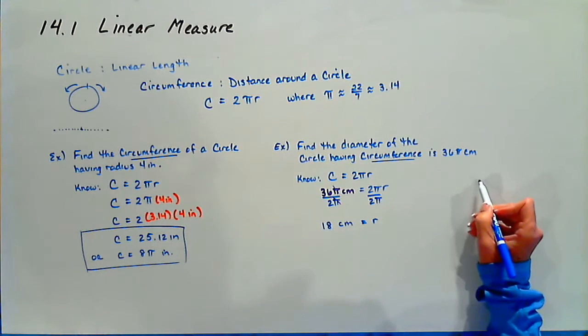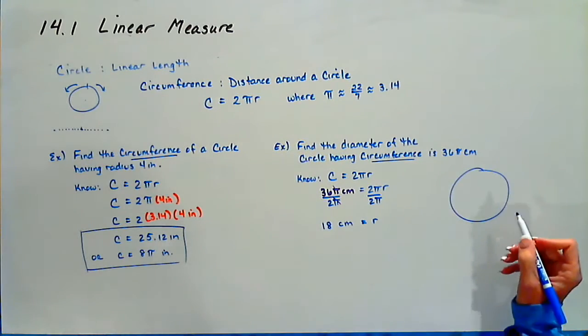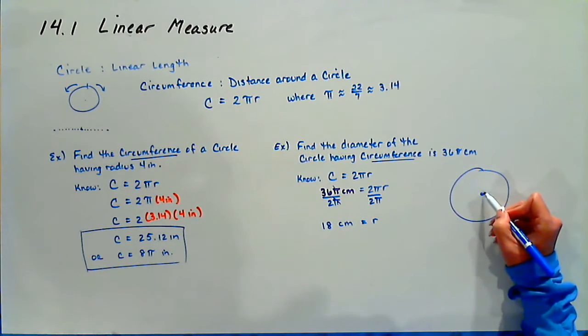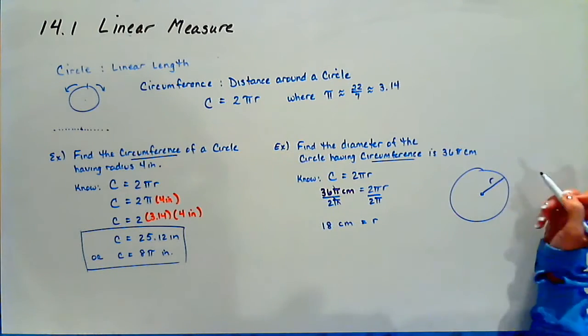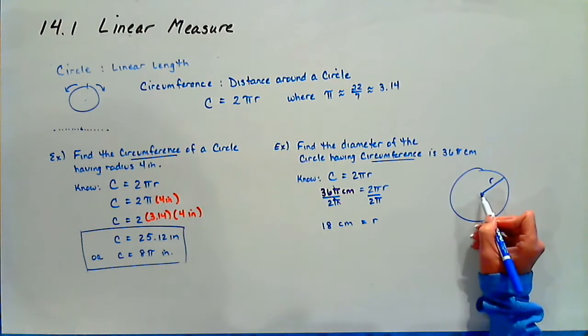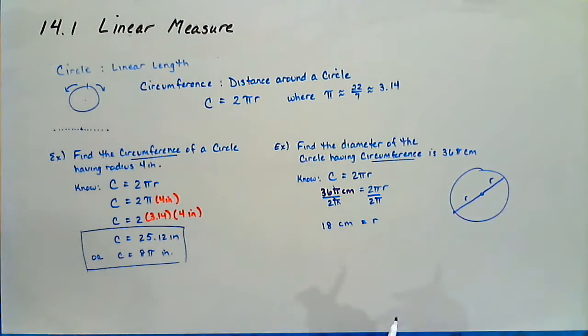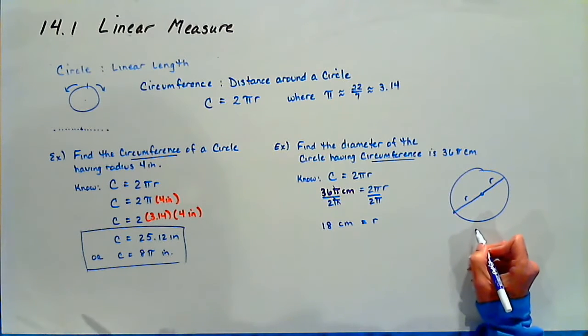But to refresh your memory, if you have a circle and the radius is the shortest distance from the center to a point on the circle, that means the shortest distance from the center to a point exactly opposite that is another radius, and that's what we call a diameter.